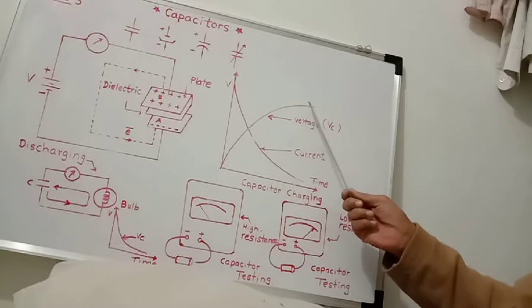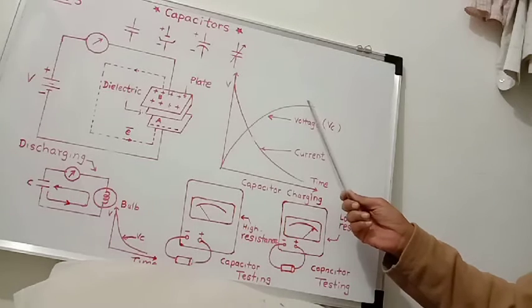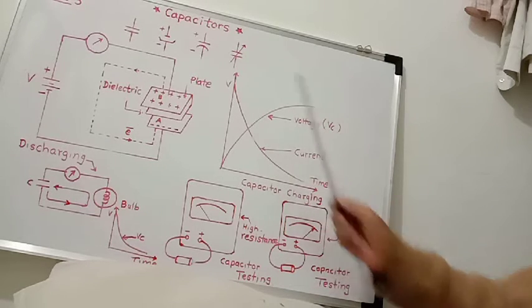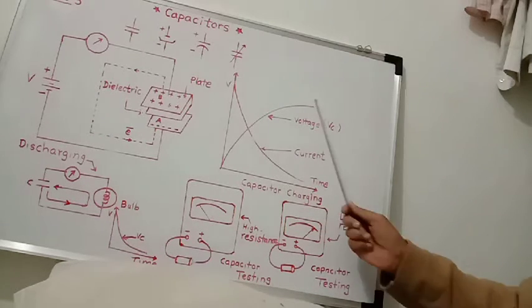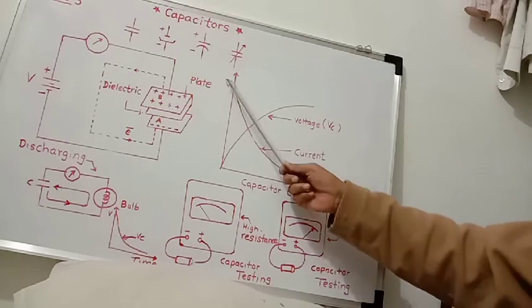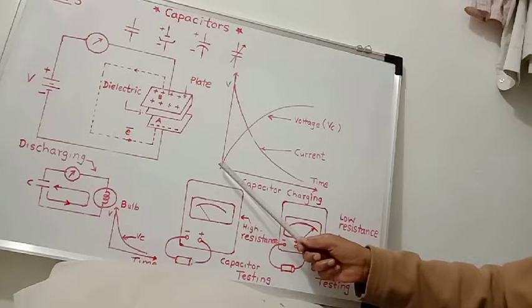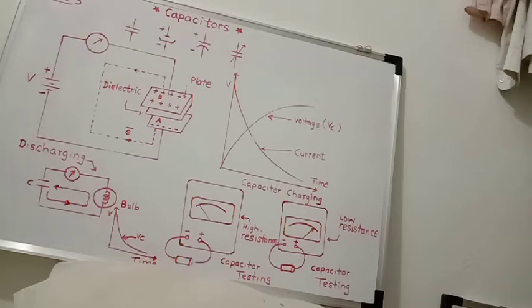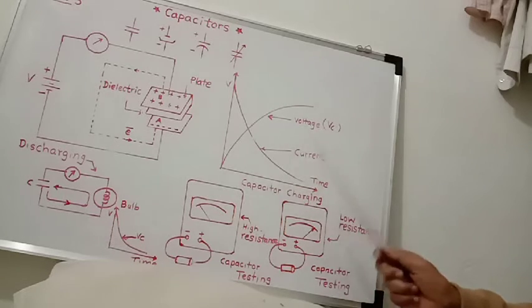So when the capacitor voltage is full, current is zero. Now observe the graph. When the voltage across the capacitor is V, current is 0, and the process of charging is stopped.